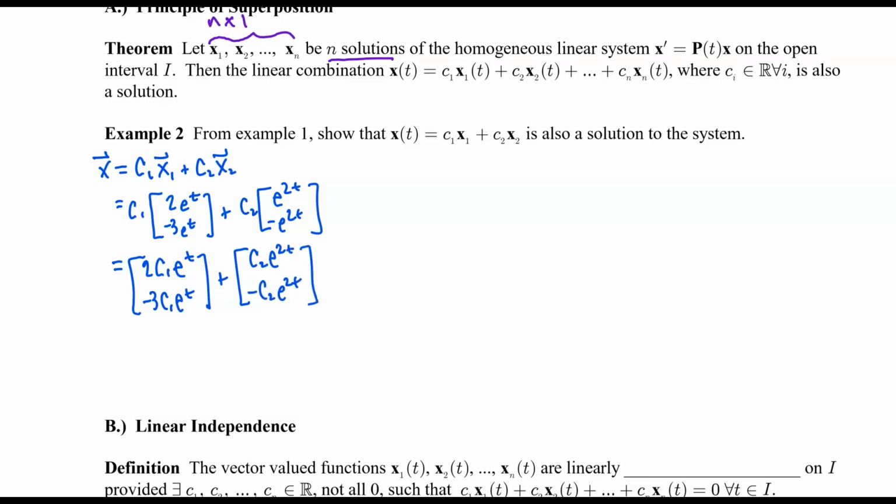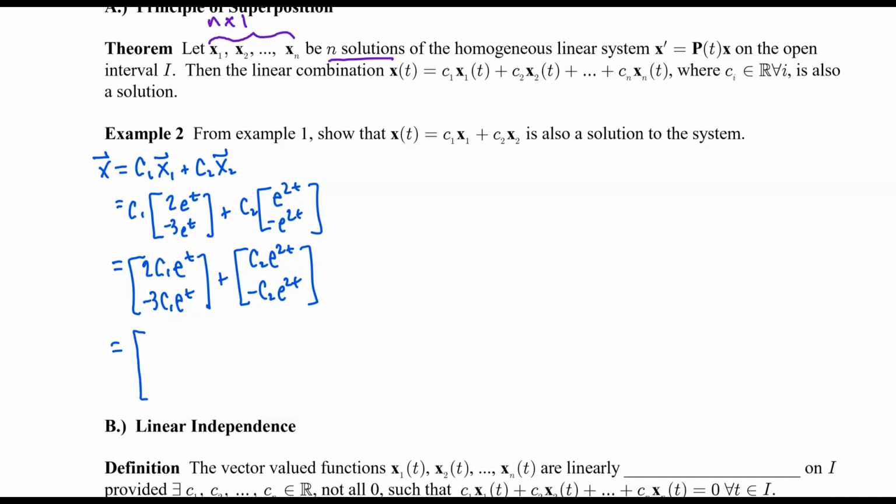Okay, now we are adding matrices. When you add matrices, both matrices have to be exactly the same size. It's different than matrix multiplication. And the sum of the two matrices is going to have the same size as the two original matrices. So we're adding two 2 by 1 matrices. Our result is also going to be 2 by 1, 2 rows and 1 column.